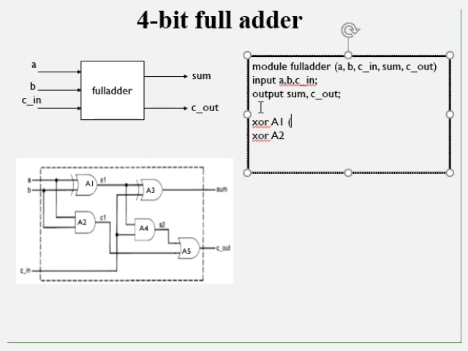I think we missed declaring the internal intermediate signals. There are a few intermediate signals. As I have told you, whatever is internal to this dashed box are internal signals, and outside this dashed box are the ports. So the internal signals are S1, C1 and C2, right?